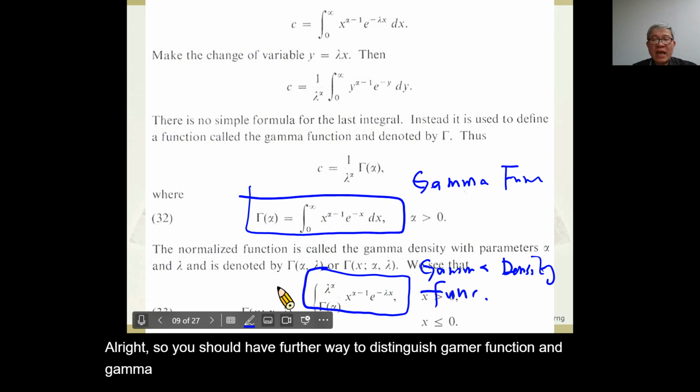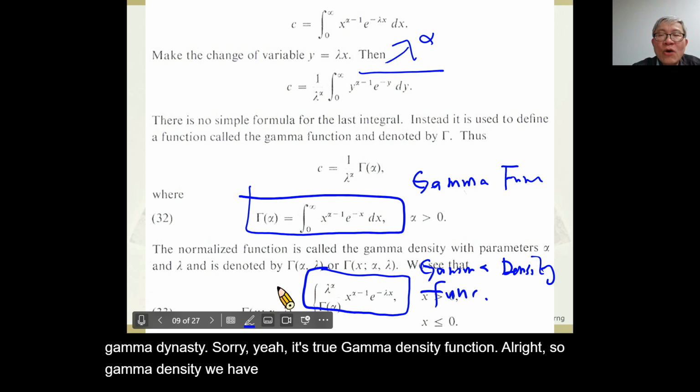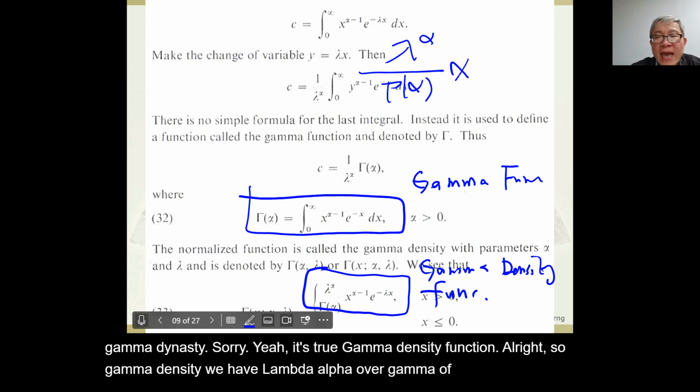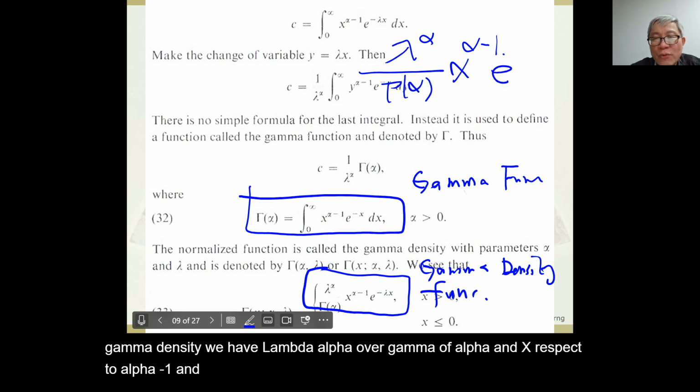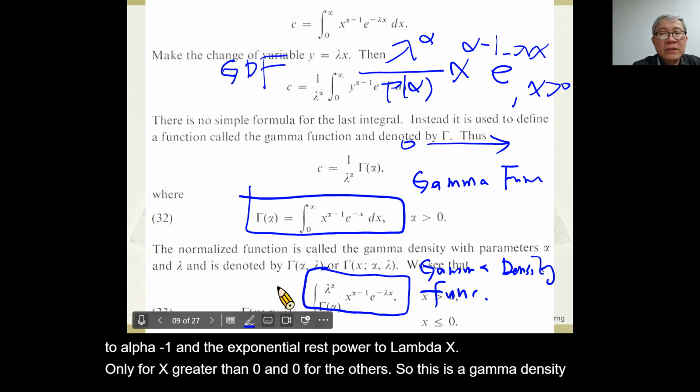Yeah, it's true. Gamma density: we have lambda to the alpha over gamma of alpha, times x raised to the power alpha minus 1, times the exponential raised to the power minus lambda x, only for x greater than 0, and 0 for the others. So this is the gamma density function.